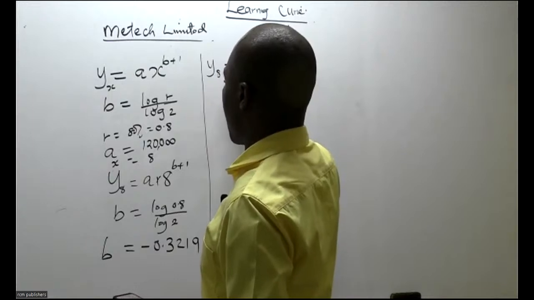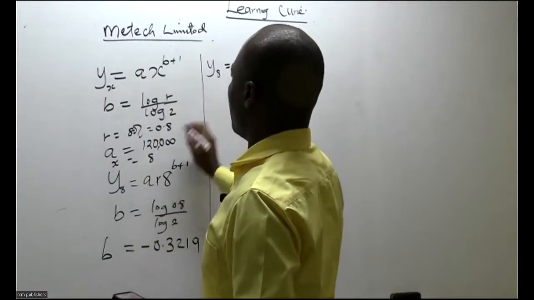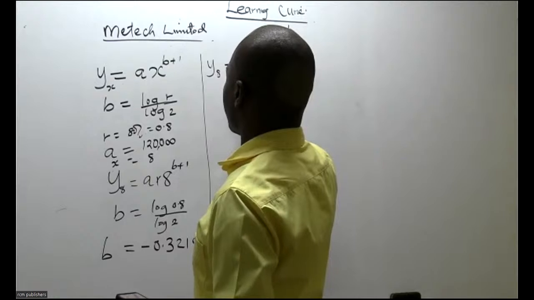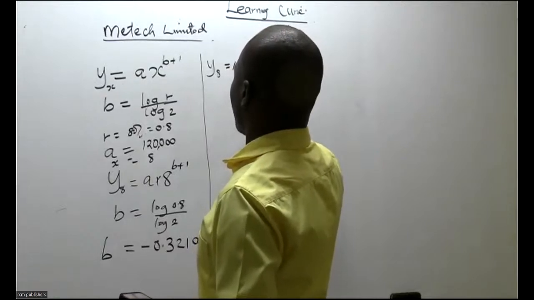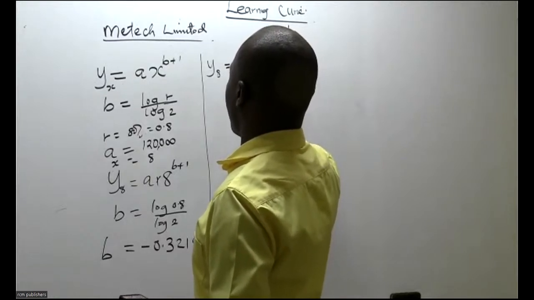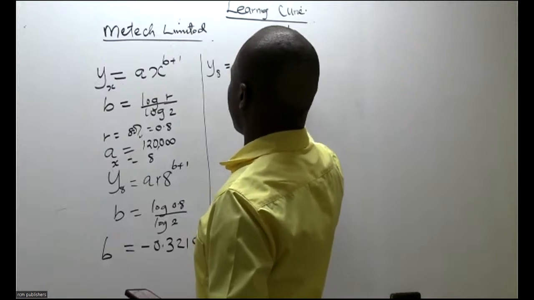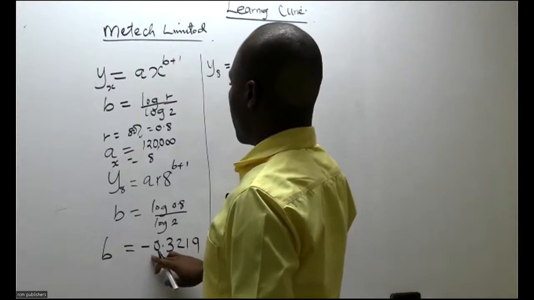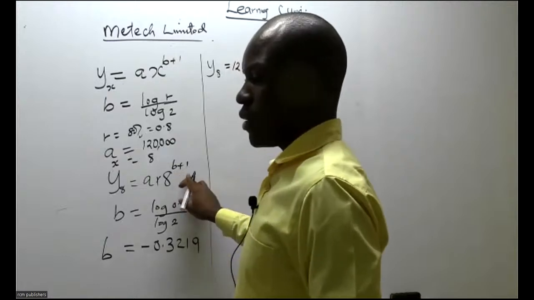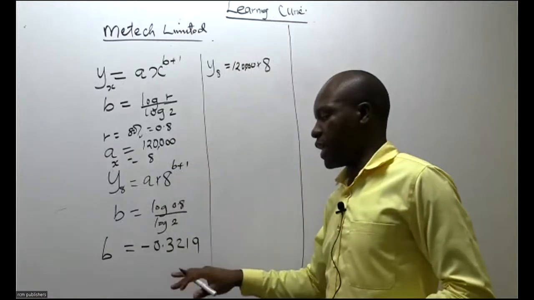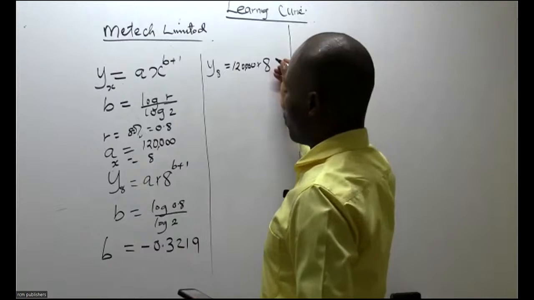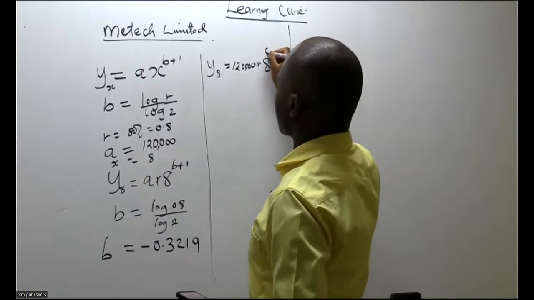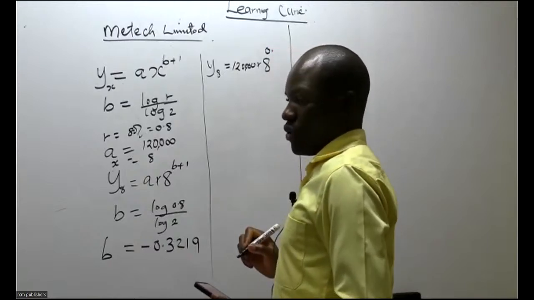We are supposed to have a, which is 120,000, multiplied by 8 raised to the power b plus 1. So whatever you're getting in the calculator plus 1, what will you have? It will be a positive.